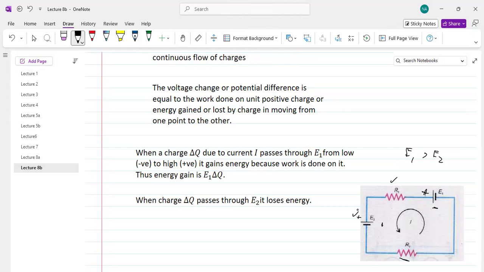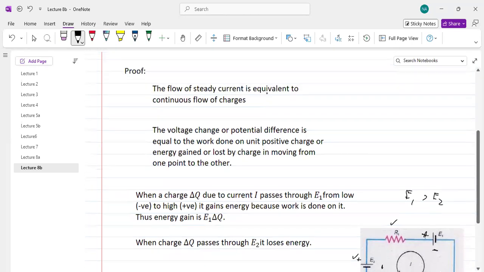Please keep in mind this thing: whenever we say that some battery has greater EMF, this means that the positive terminal of that battery is at high potential as compared to the positive terminal of the battery of lower EMF.